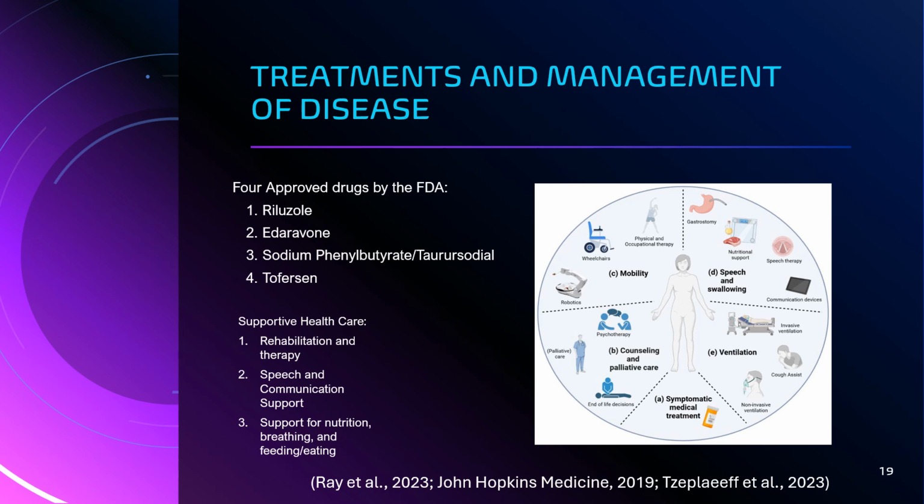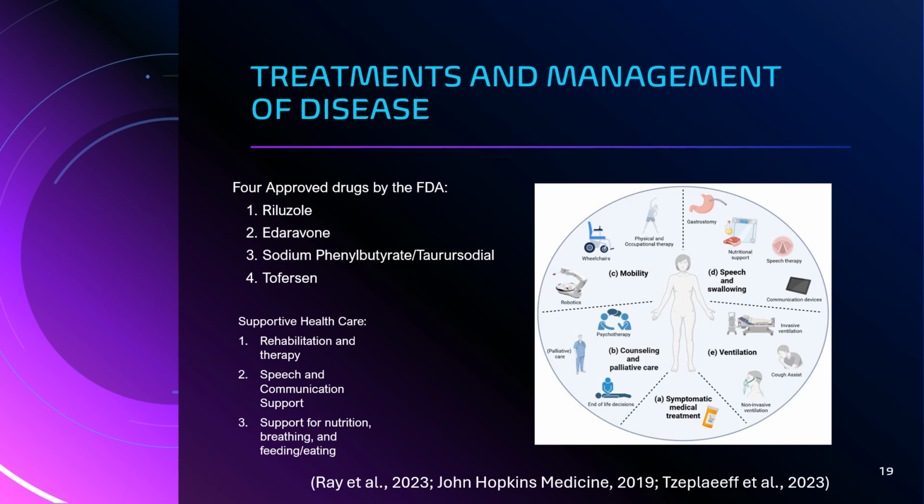Sodium phenylbutyrate is an oral medication, and tofersen is an intrathecal route administration by the medical specialist and is a drug to treat patients with the SOD1 gene mutation. So if you don't have that gene mutation, you can't take that 4th drug.